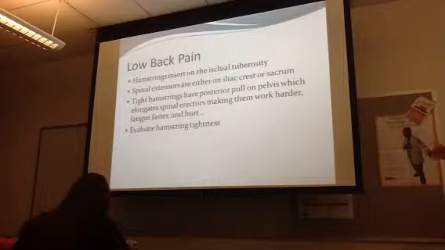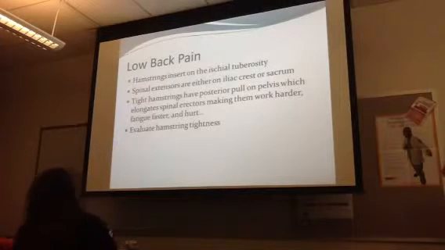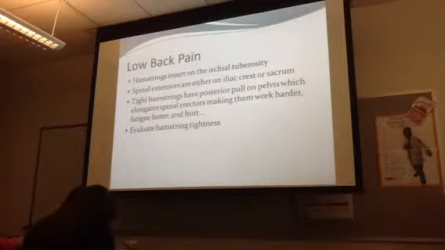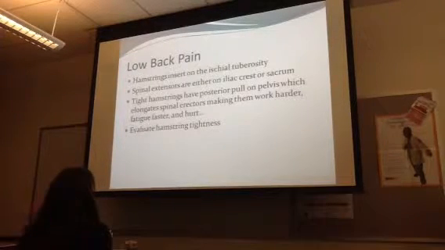Having that posterior pull on the pelvis, like if you imagine it, your pelvis will constantly get pulled. And then you can look at it the other way too, where if they have tight quads, they can have that anterior pull on it. So you can evaluate the hamstring tightness that way.